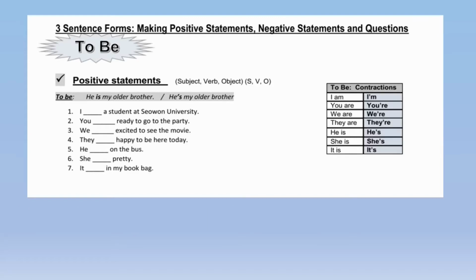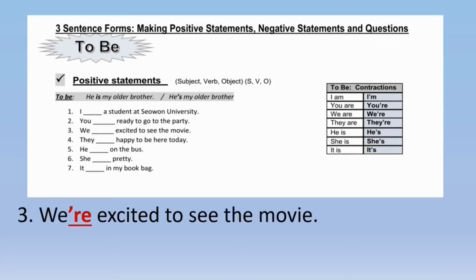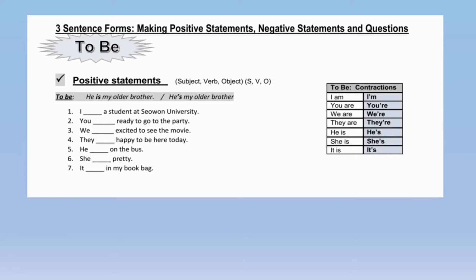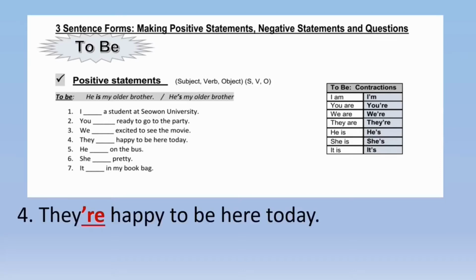Number 3. We, Momo, excited to see the movie. We're excited to see the movie. Number 4. They, Momo, happy to be here today. They're happy to be here today.